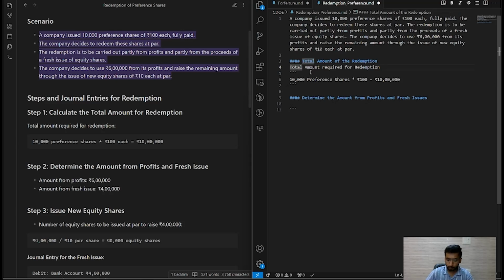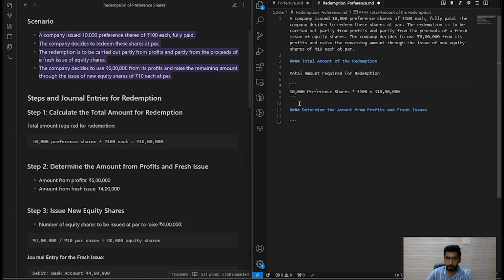What is the amount from the profits? It is already mentioned in the question that it is rupees 6 lakhs. And the amount from the fresh issue is the remaining, that is rupees 4 lakhs.